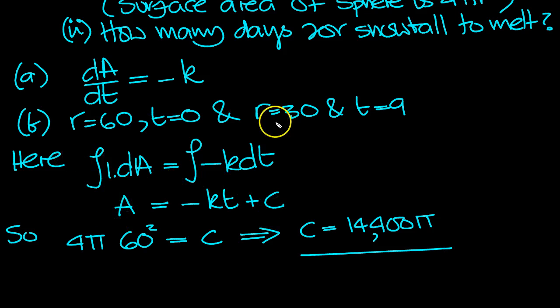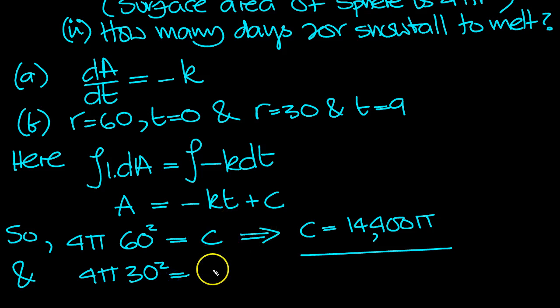Right, the next initial condition. So we get area when r is 30, 4πr squared. So 4π times 30 squared will equal minus kt, minus 9k in this case, plus the 14,400π, which we've just worked out to be the value of c.